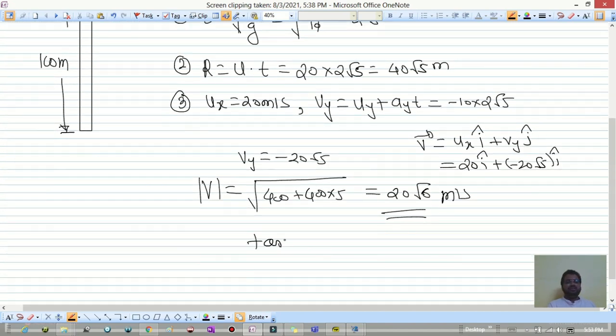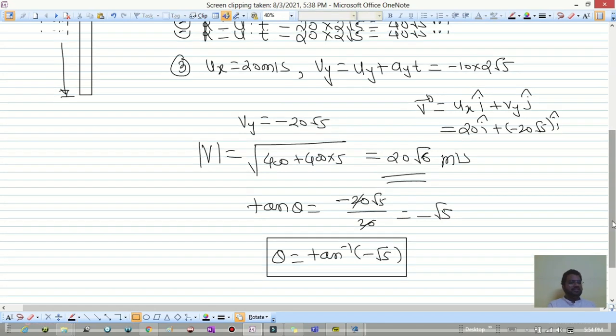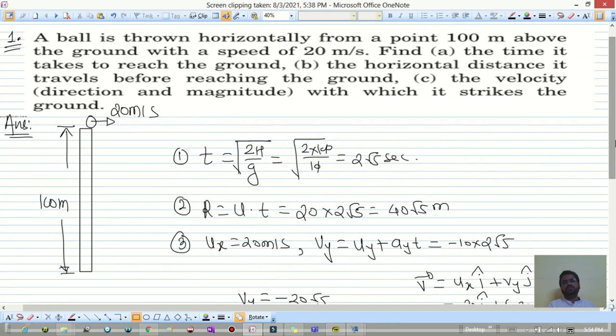If you want the angle, tan theta is equal to y by x, y is minus 20 root 5 divided by x is 20, 20 gets cancelled, minus root 5, that theta will be equal to tan inverse minus root 5 will be the answer for this first question. So I hope this is clear. So this is the first question which we have.